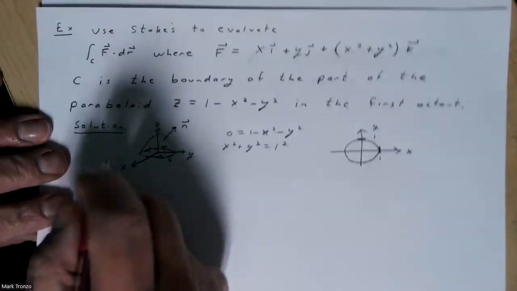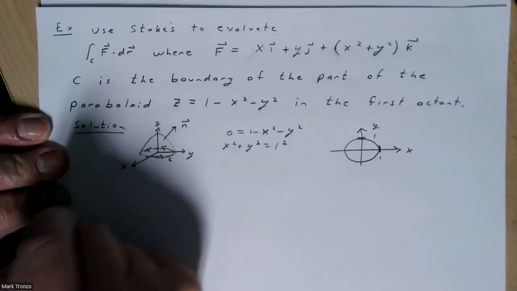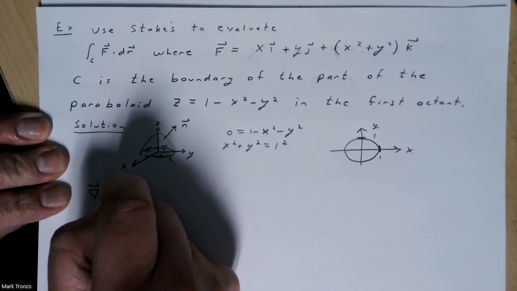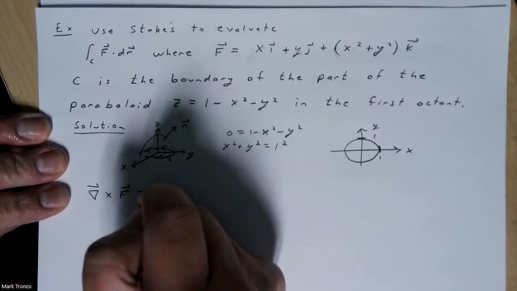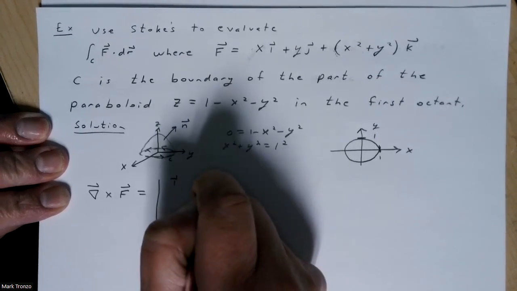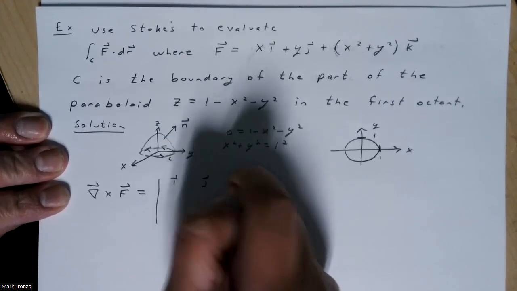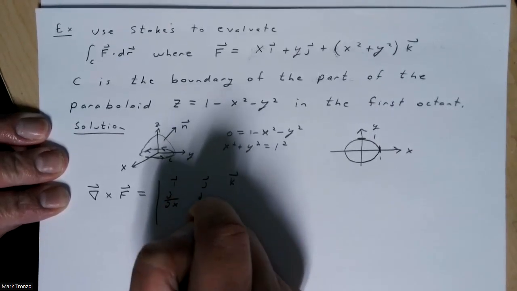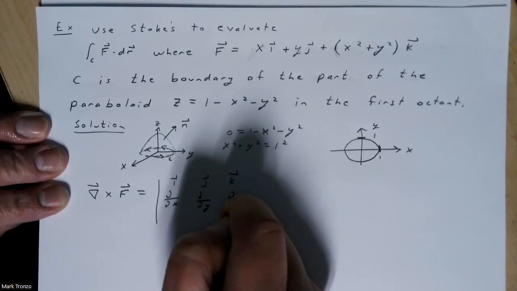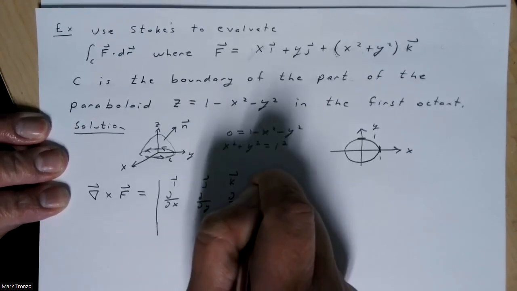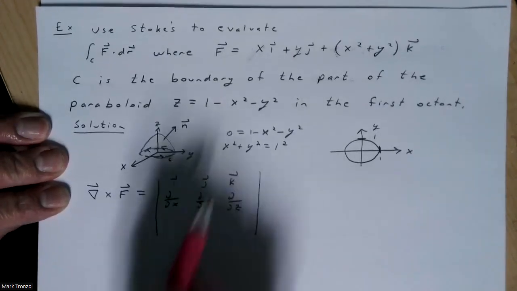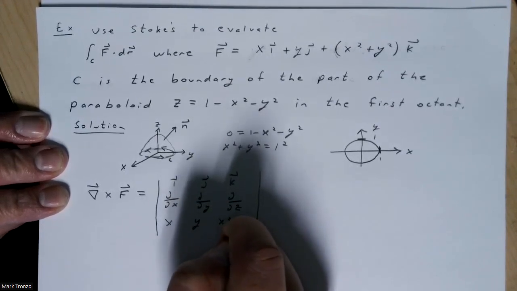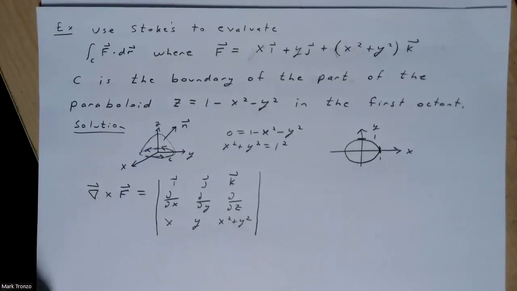So as usual, we're going to need the curl. ddx, ddy, ddz. And our vector field is x, y, x squared plus y squared.